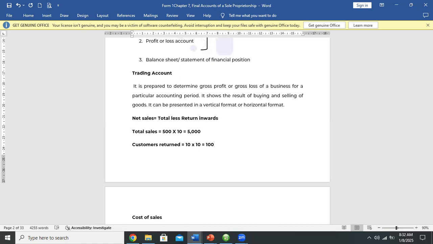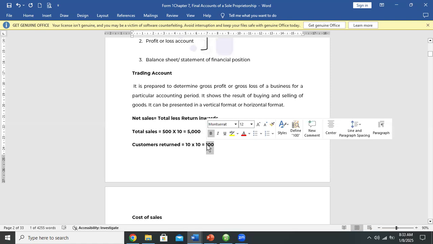So if you want to calculate your net sales, it is your total sales 5,000 minus what the customers returned back to you. Because that cannot be counted as sales because the customers have returned it back to you, and that's your return inwards. So if you are looking for your net sales, you pick your total sales, then you less any return inwards. Prof, I say, is that okay?